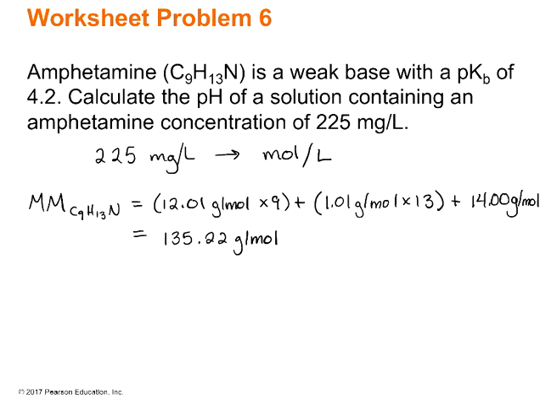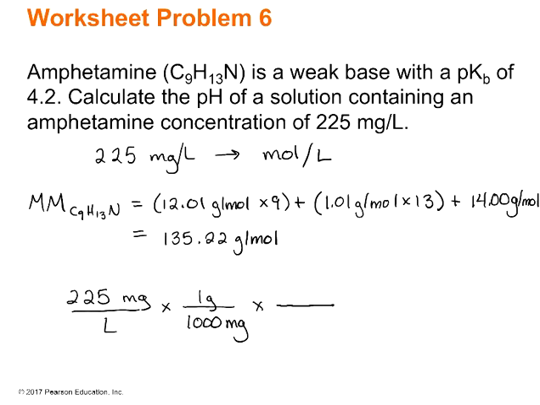Okay, so now we're going to convert 225 milligrams into moles. However, if we want to use that molar mass, we first have to convert milligrams to grams so that our units line up. For every 1 gram, there are 1,000 milligrams. Of course, you could also say that there are 10 to the negative 3 grams for every 1 milligram. That will give you the same answer.